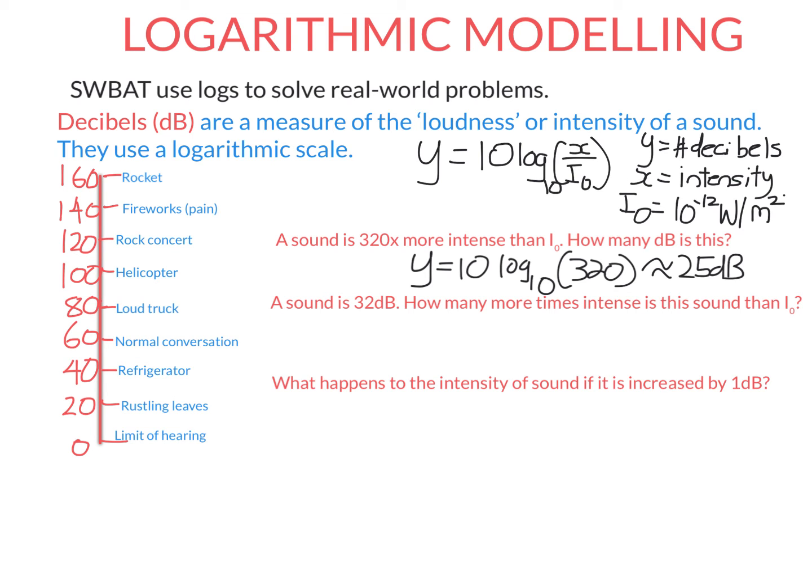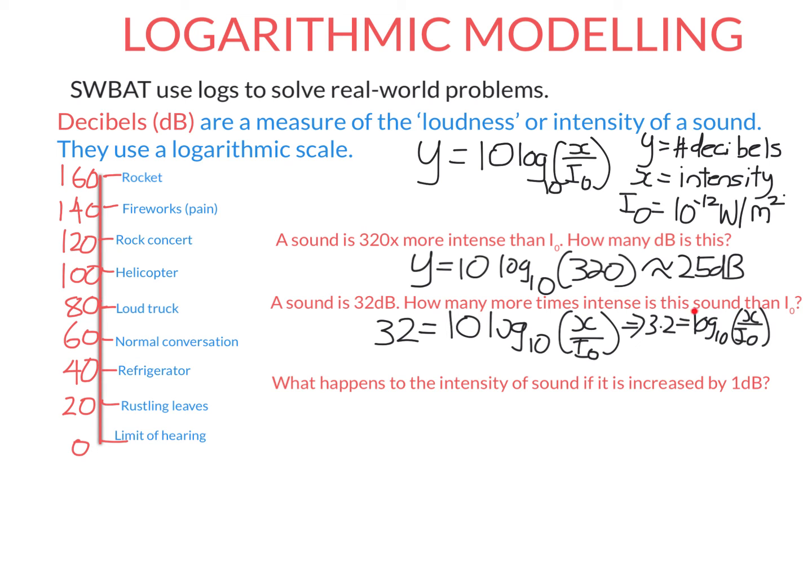So let's say now, this time we know the number of decibels. This time it's 32. How many times more intense is this than the sound at I0? So this time we have Y equals 32, and what we want to know is the ratio X over I0. So the next step is to divide each side by 10.